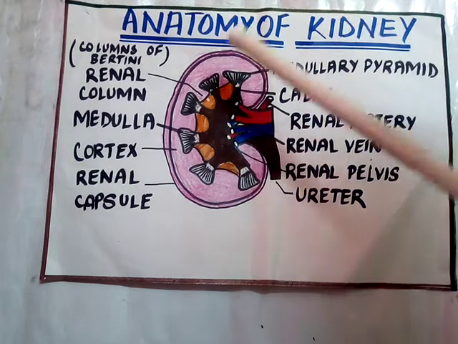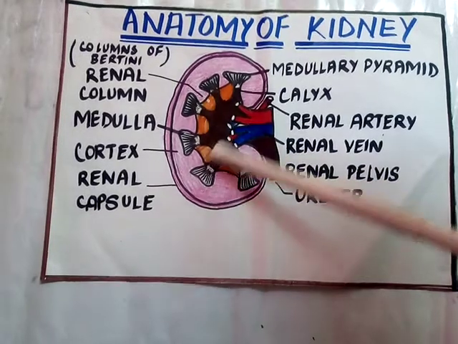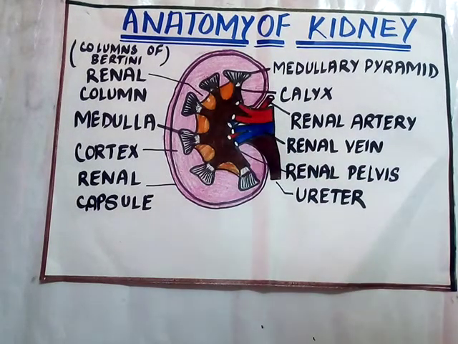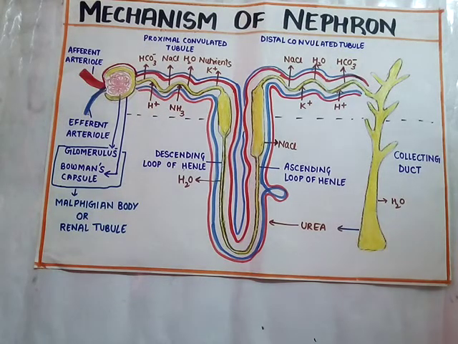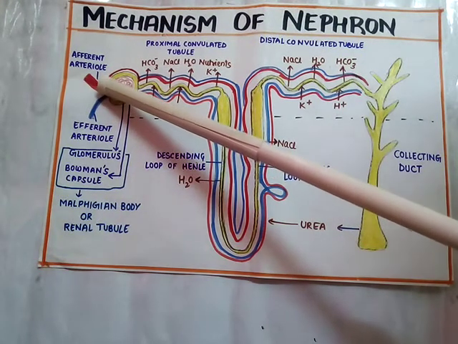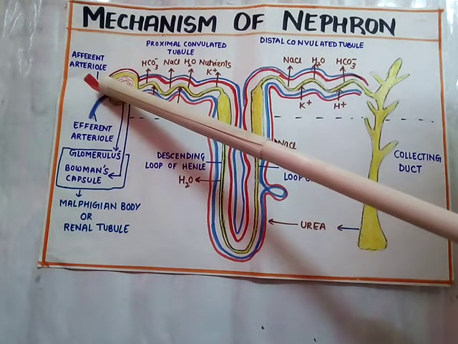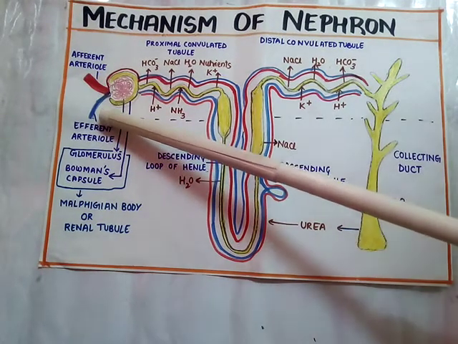So, in this cortex and medulla, the structural and functional units of the kidneys are present, which are known as nephrons. This is the structure of a nephron. First, let's talk about the structure of nephrons. The renal artery is further branched into the afferent arteriole, and the renal vein is further branched into the efferent arteriole.